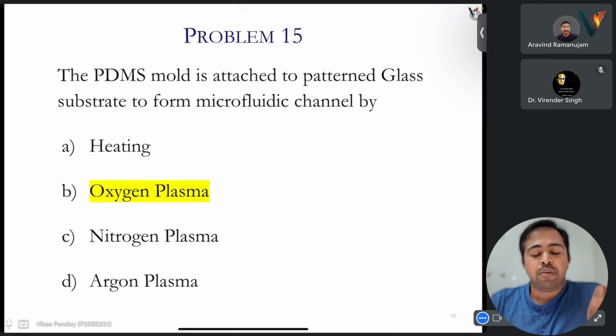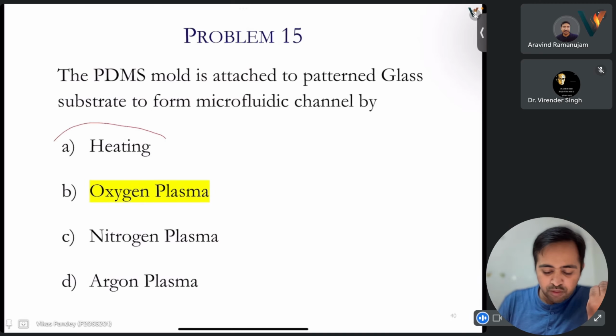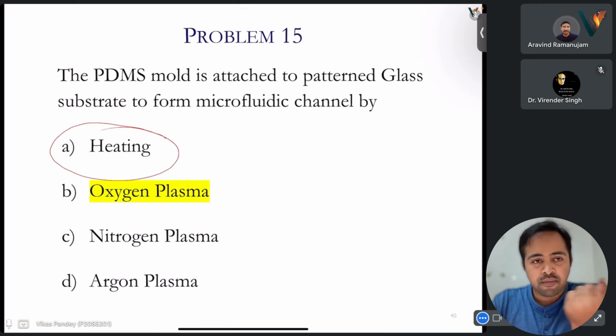Okay, but why cannot we go for a normal heating? Any thoughts on this?